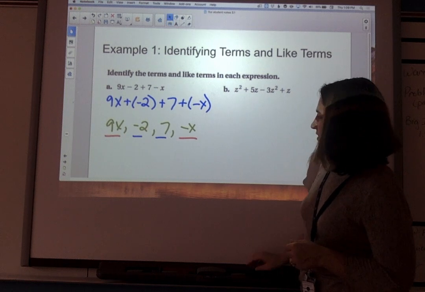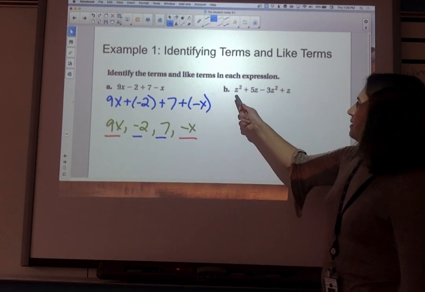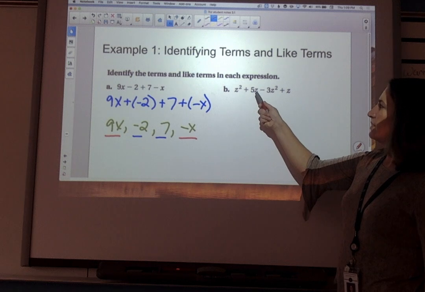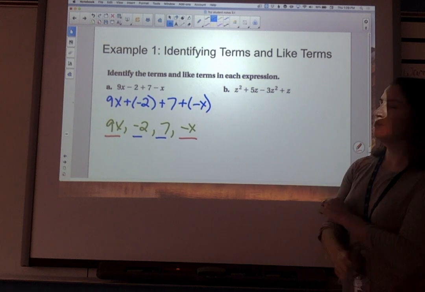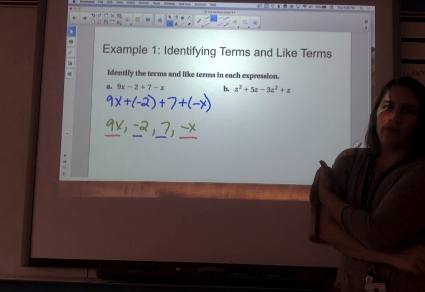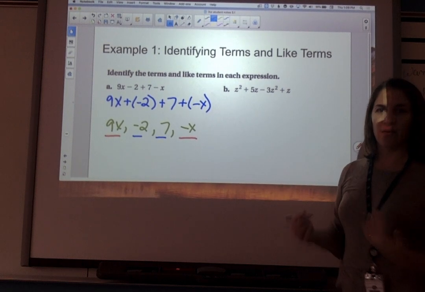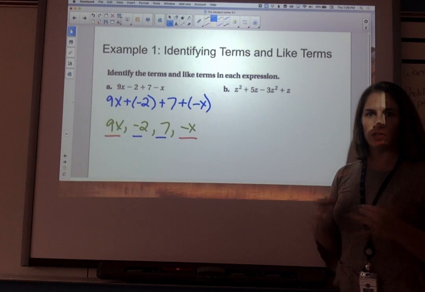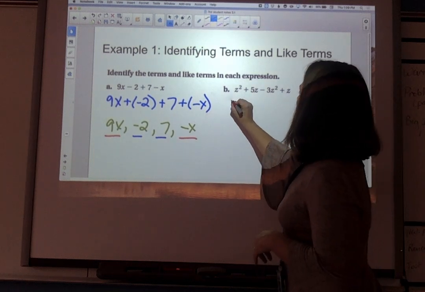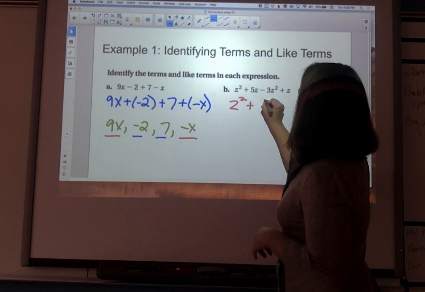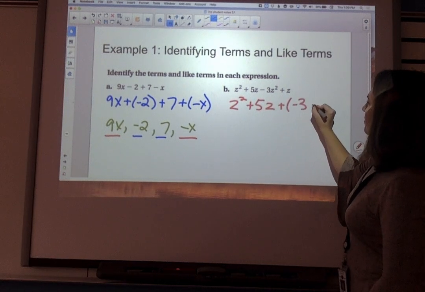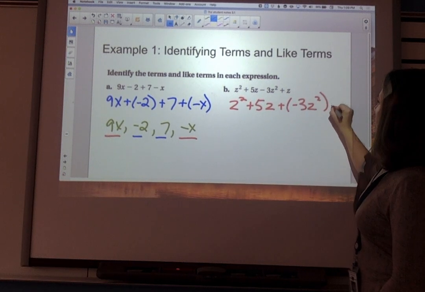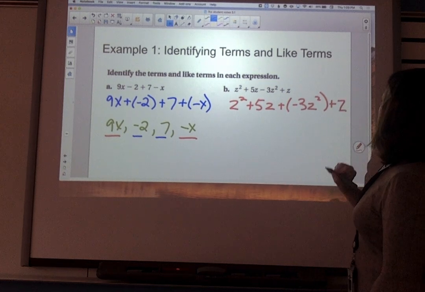All right, let's look at the second example. z squared plus 5z minus 3z squared plus z. So our first step is to write this as a sum of terms. So we don't want any subtraction. We just want to have addition. z squared plus 5z plus negative 3z squared plus z.